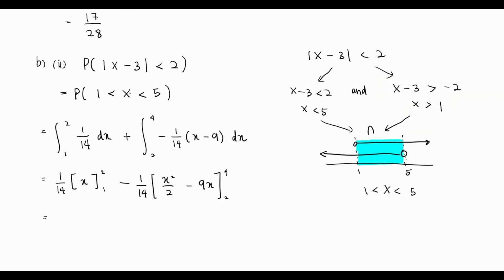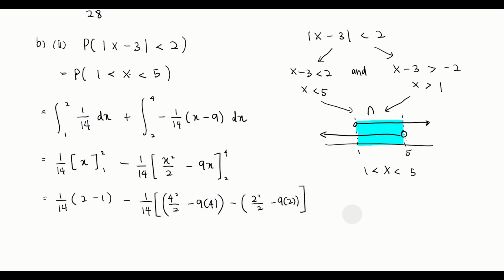So we substitute the limit. So 1/14 (2 minus 1), minus 1/14, and this is 4 squared over 2 minus 9 times 4 minus 2 squared over 2 minus 9 times 2.